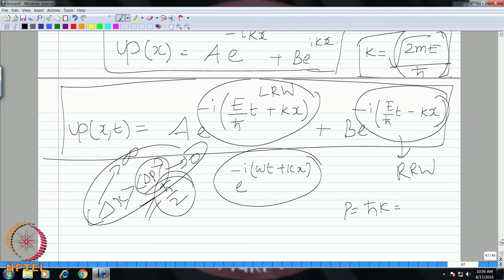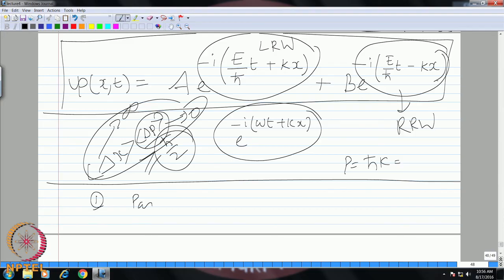So, next we will stop here today. The next case that we will take is the particle in a 1D confinement.